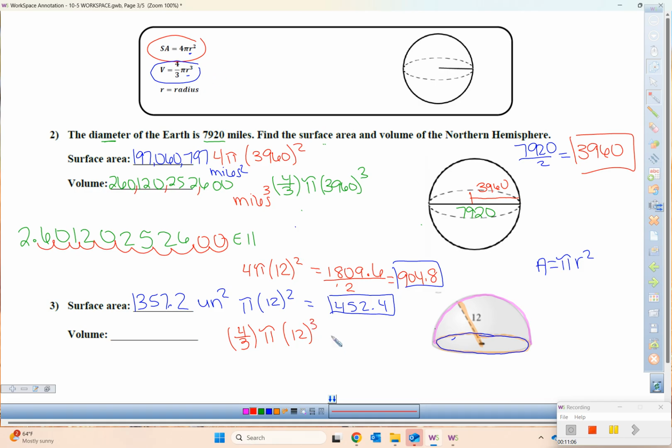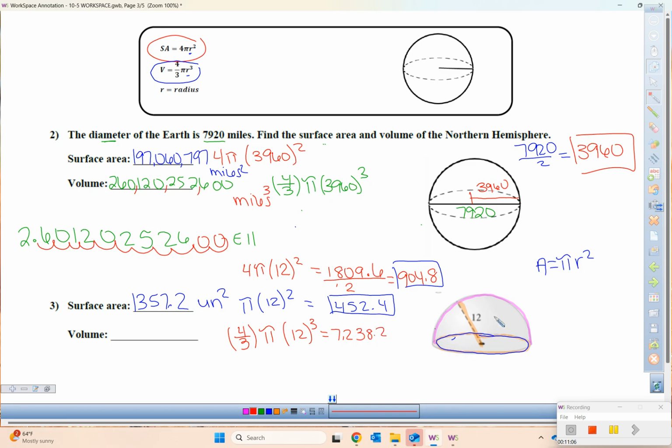Okay, so if we go ahead and punch this on our calculator, 4 divided by 3, pi 12, and remember to get the cube, it's the little caret to the third, and I get a number like this, 77,238.2.